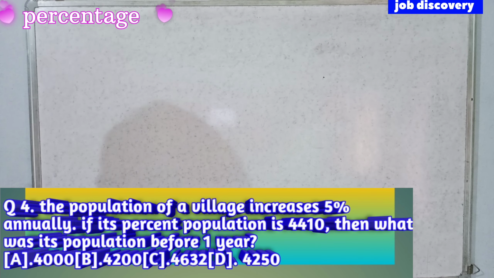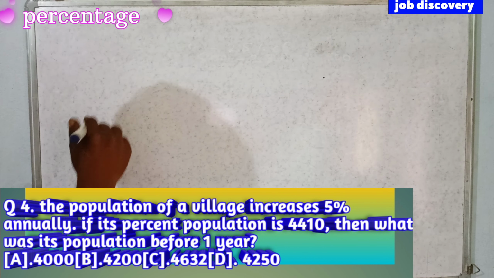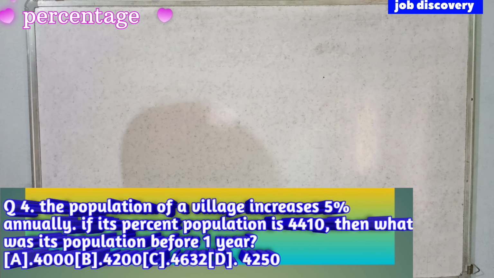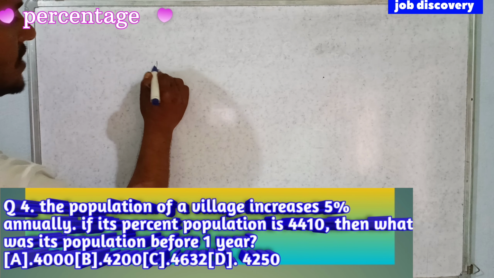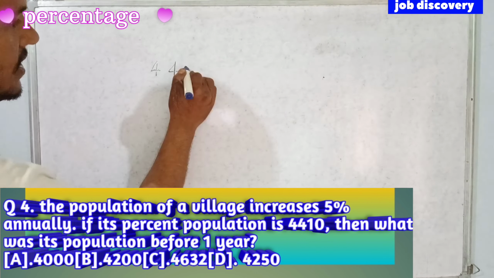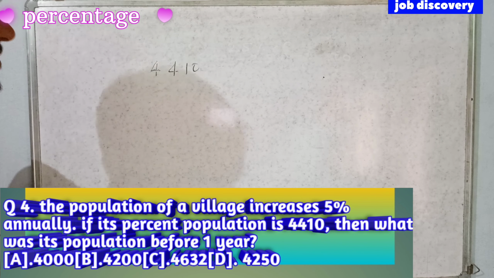So now see here, the population every year increases 5%. Before 1 year what was the population? So after the increase, right now the population is 4,410. This is the population after the increase.